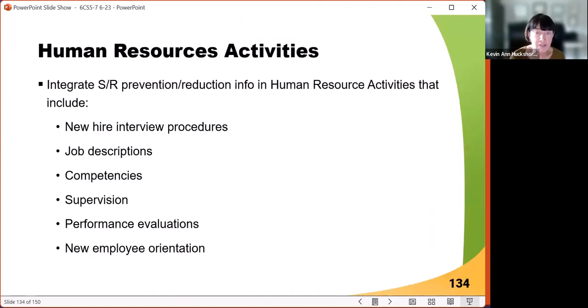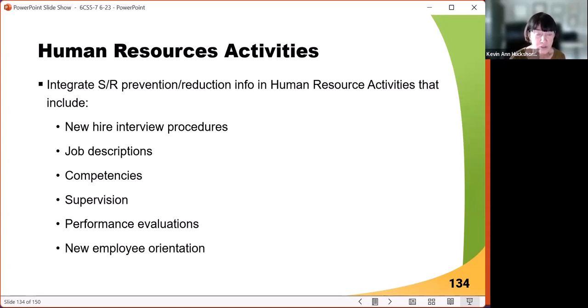Now we're going to go into direct care staff, which was the third level. This is where our work shifts into the human resource department and some other adjunctive departments like recruiting. What we want to do here is integrate seclusion and restraint prevention and reduction strategies into our human resource activities.